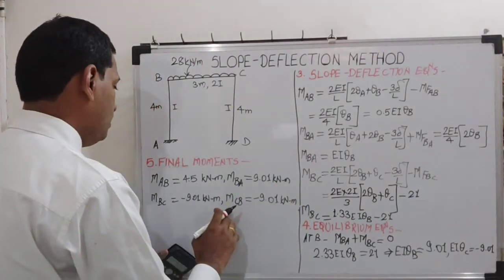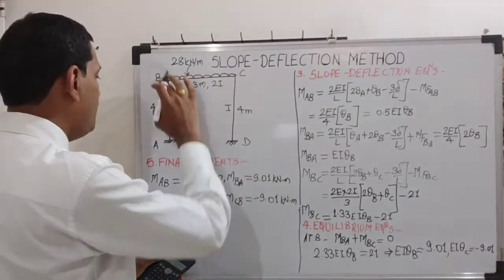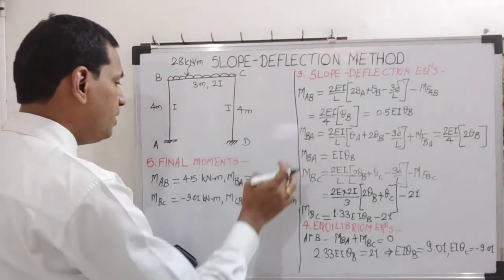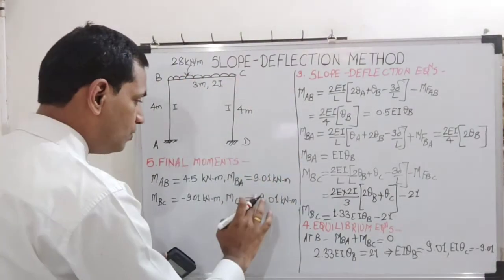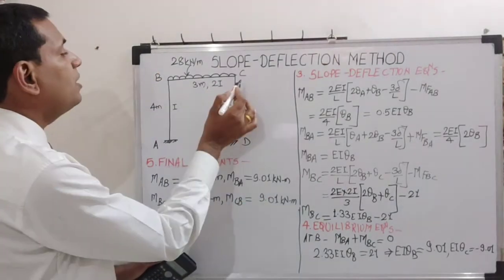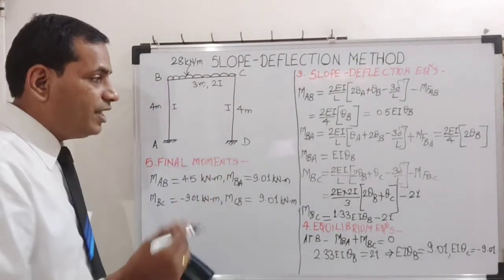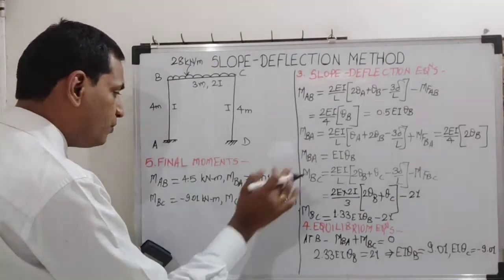AB, DC, BA, CD. Okay, so MCB will be different. Fine. MBC, yes, it will be plus, not minus. MBC will be equal and opposite of MCB, because theta B is equal and opposite of theta C. So this will be plus 9.01.